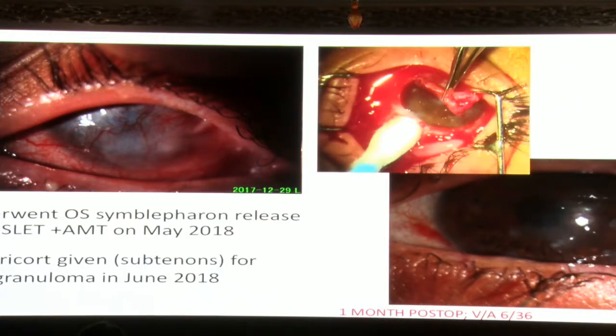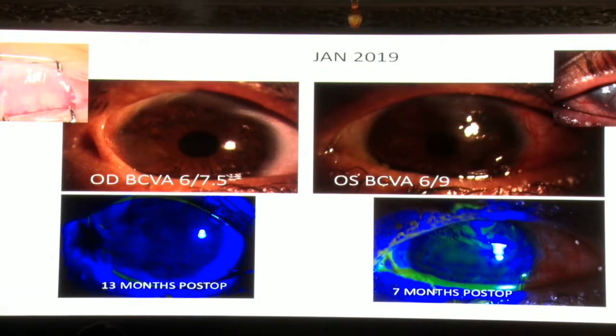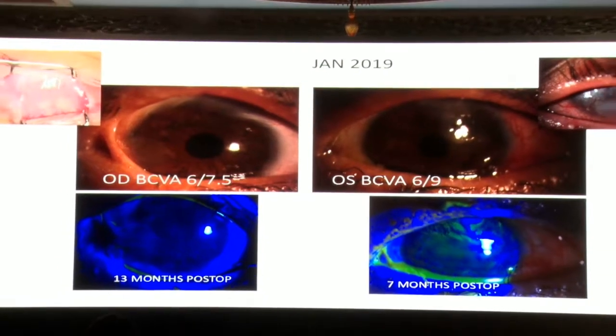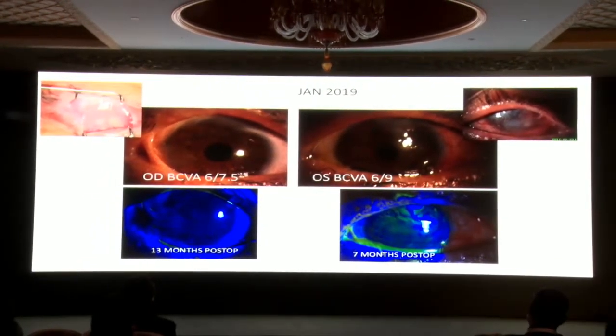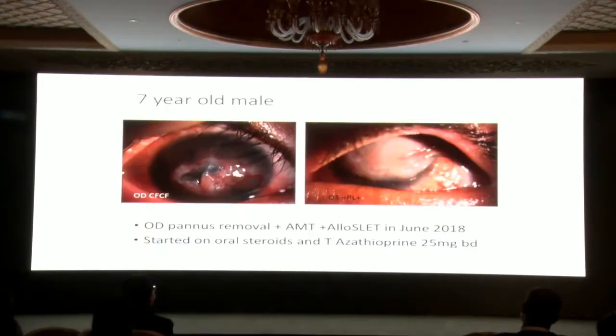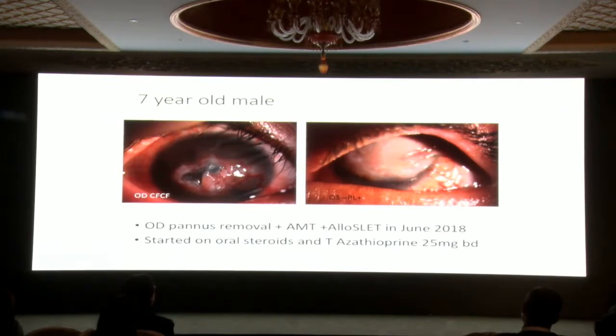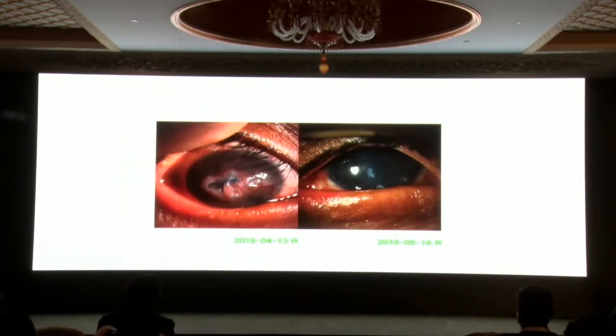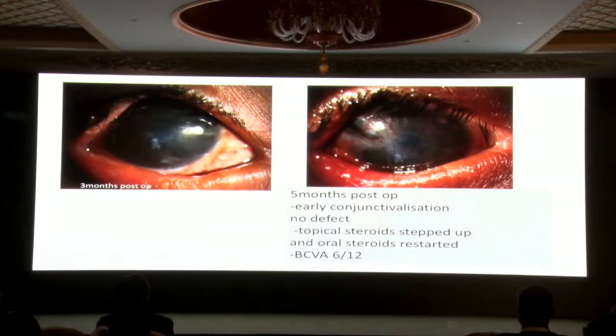Over a period of follow-up, that's 13 months for the first eye and 7 months for the second eye, we've been able to maintain a good visual acuity in both eyes with only mycophenolate as the immunosuppression. This is the second one, again a child, where we did the Allo-SLET in one eye. This patient was not able to tolerate mycophenolate, so he's only on systemic steroids and azathioprine.